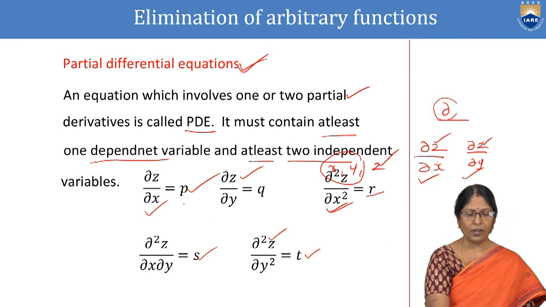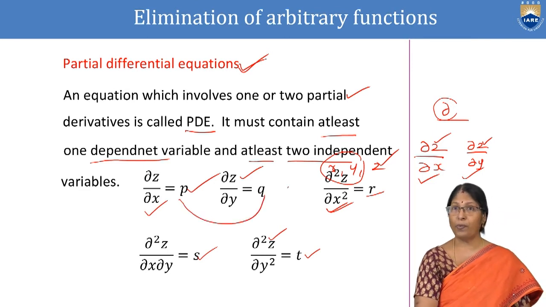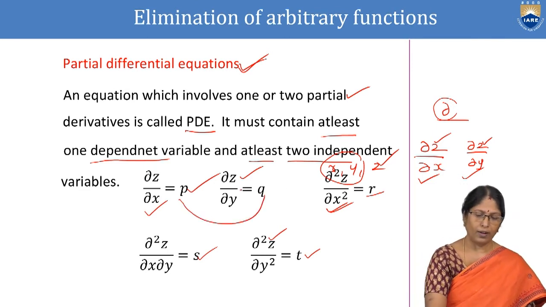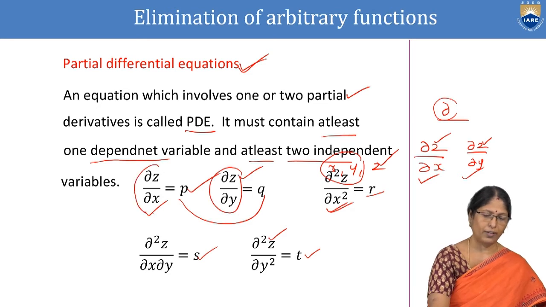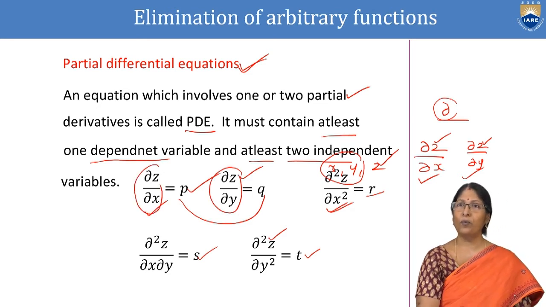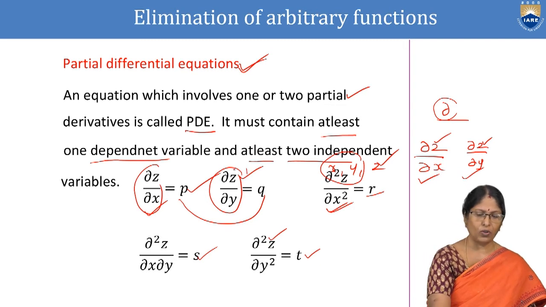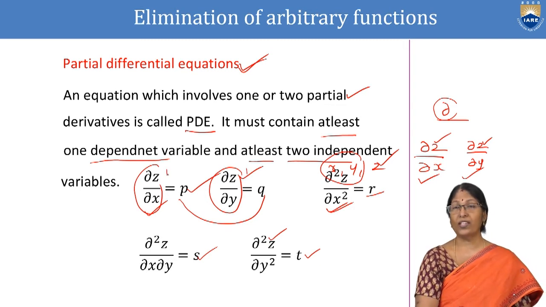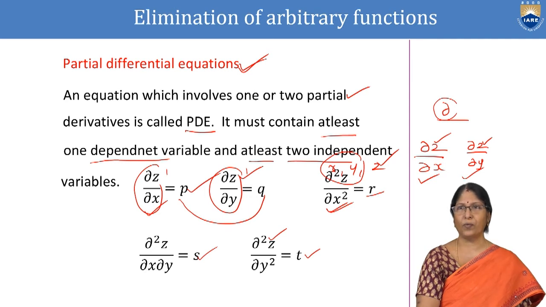So p and q play the role of first order, that means we do the differentiation only one time, and the degree is also 1. So it is a first order linear equation.